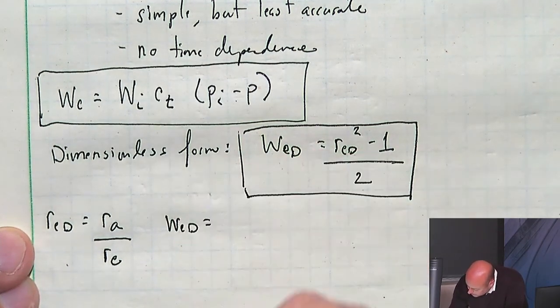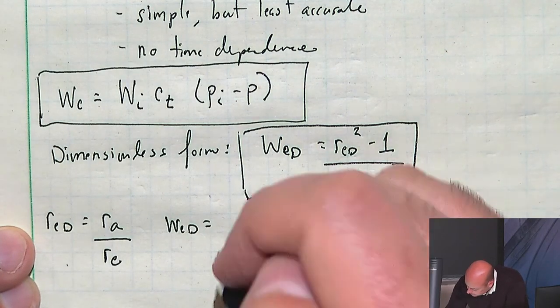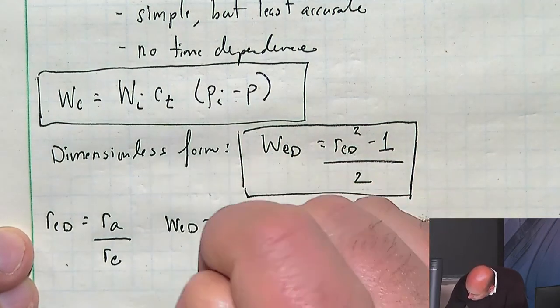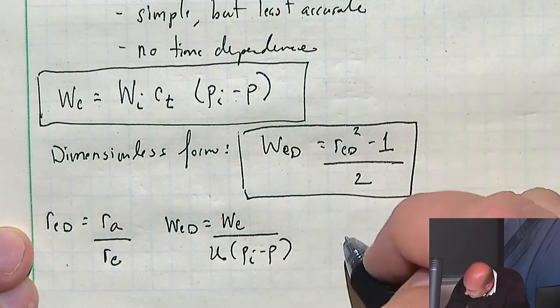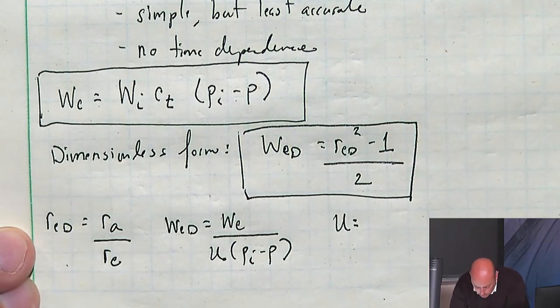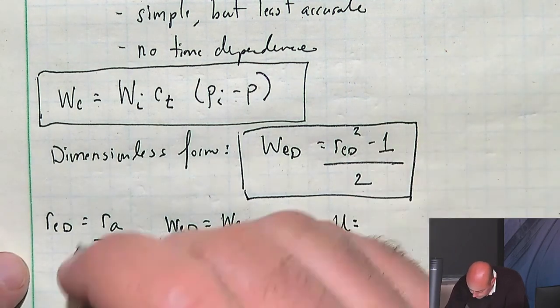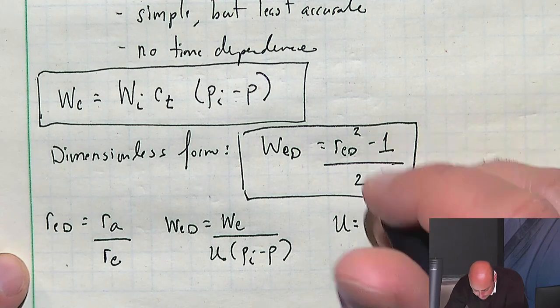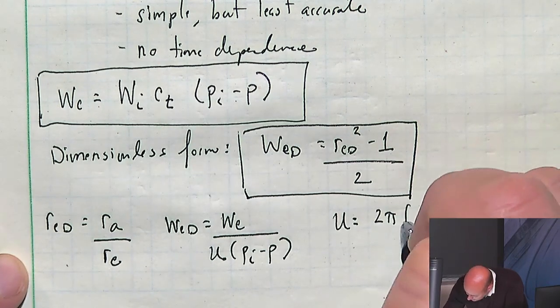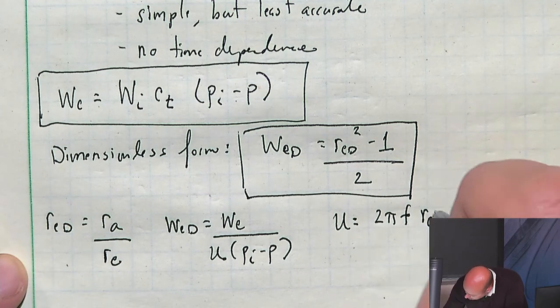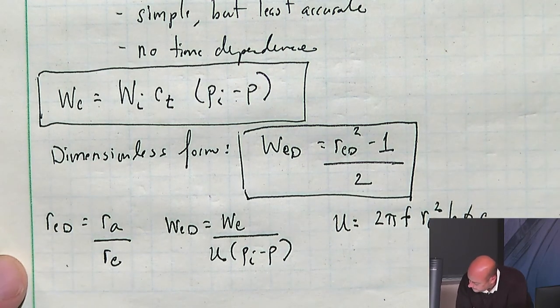WED is a dimensionless water influx, so it would be WE over U times PI minus P. And then U is, we call that the, so this has units of barrels per PSI, and it's 2 pi F RE squared H phi CT.